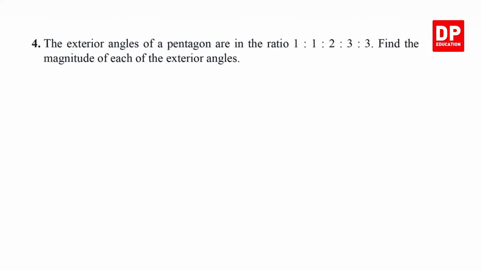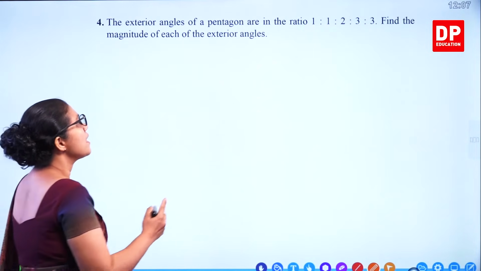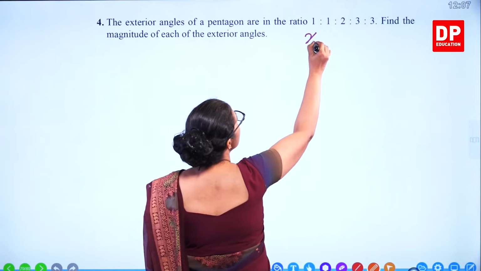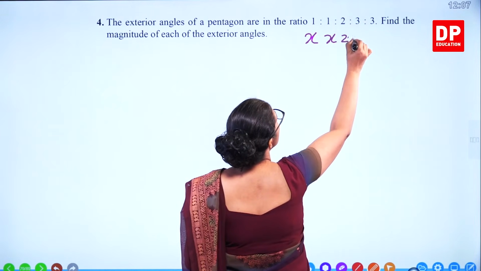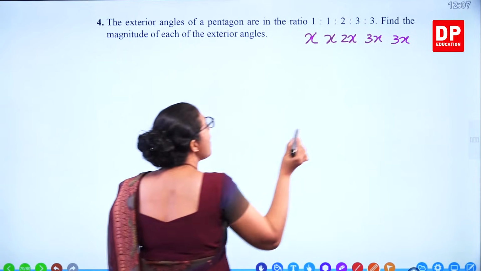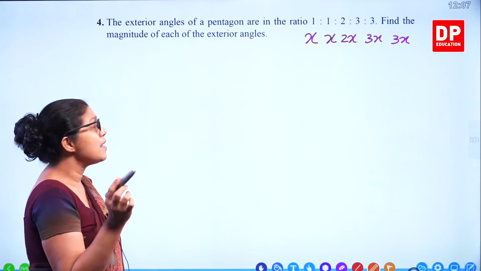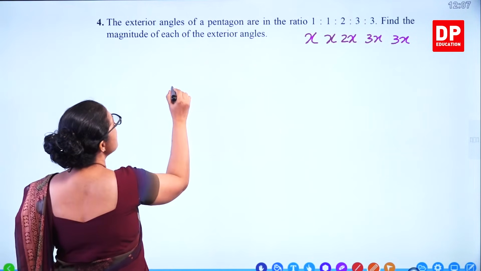The exterior angles of a pentagon are in the ratio 1 to 1 to 2 to 3 to 3. Find the magnitude of each of the exterior angles. So we can take this one as x. This is x, this is 2x, 3x, 3x. Sum of exterior angles of any polygon is 360.